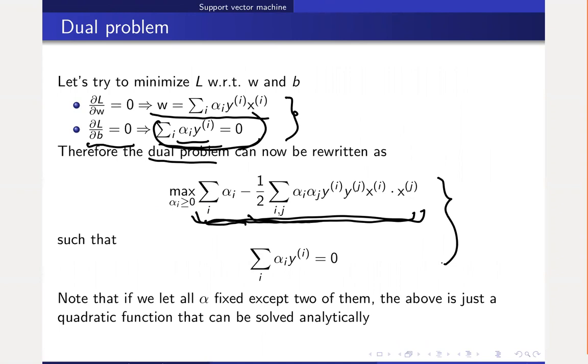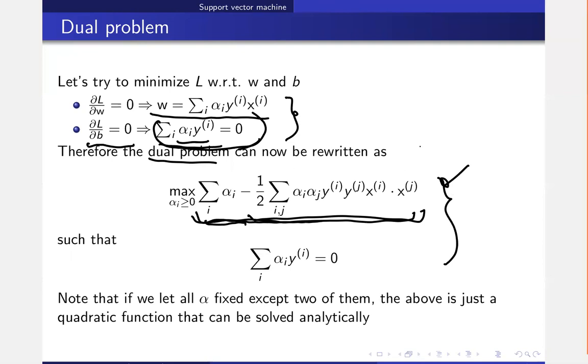This problem is quite conveniently solved. That's why support vector machine was so popular a decade or two ago, because this can be solved very computationally effectively. It may not be obvious, but I can give some intuition without going into detail.